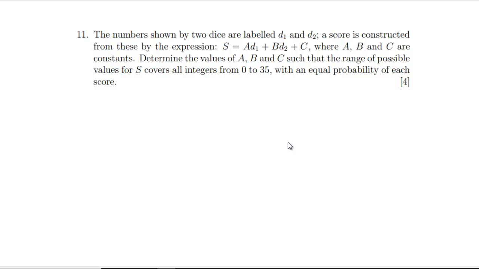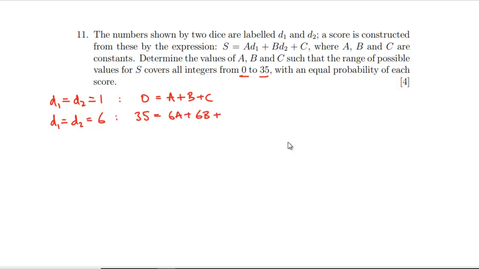Let's say the lowest possible score translates to 0, and the highest possible score translates to 35, because the A's, B's, and C's are constants. So if D1 equals D2 equals 1, and we make S 0, that's our lowest score, it's A plus B plus C. If D1 equals D2 equals 6, that'll be our top score, which is 6A plus 6B plus C. So we can certainly have all of that.